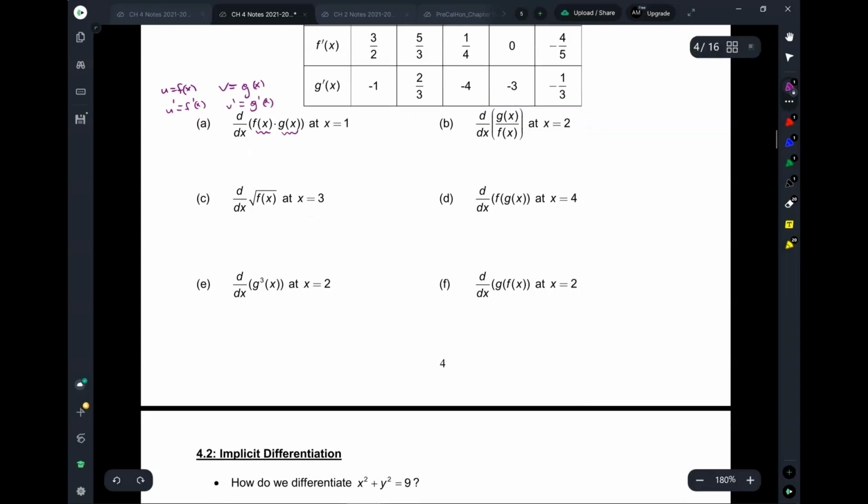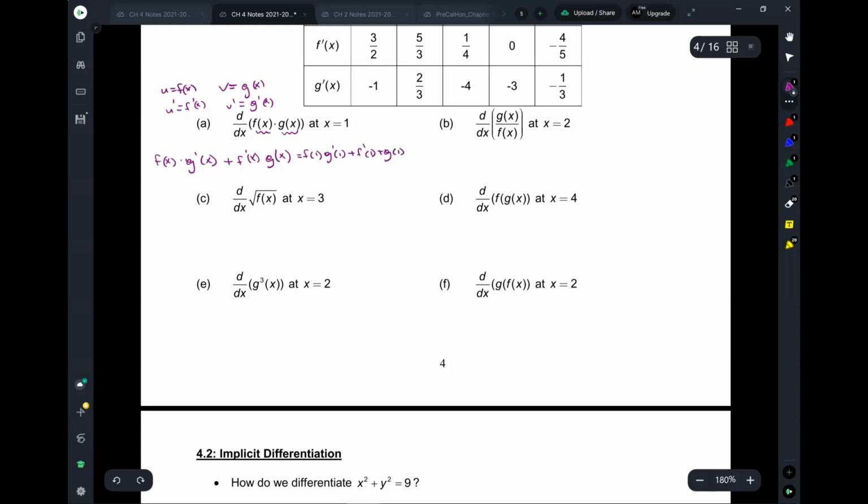And now the derivative of this is f of x times g prime of x plus f prime of x times g of x. Okay? And because all this is being evaluated at 1, you say this is f of 1, g prime of 1, plus f prime of 1, times g of 1.